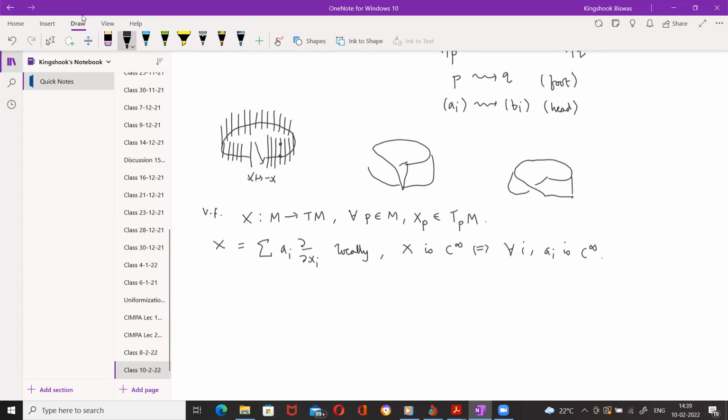And this is the same thing as saying that X, as a map between manifolds from M to TM, is a smooth map of smooth manifolds.